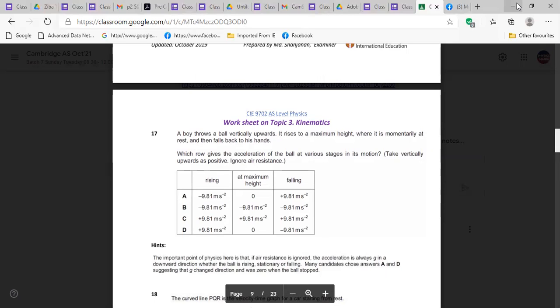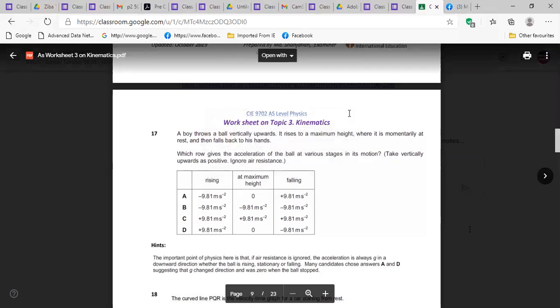So we have the first idea that 9.81 will be constant in every position, whether it's rising, at maximum height, or falling. Now, which one will we take, B or C, the minus one or the plus one? That is the main concern here.